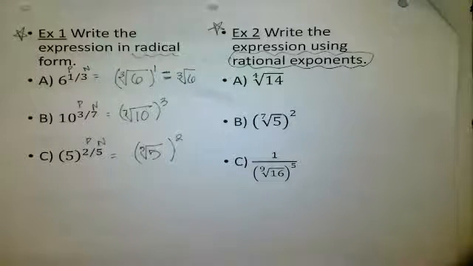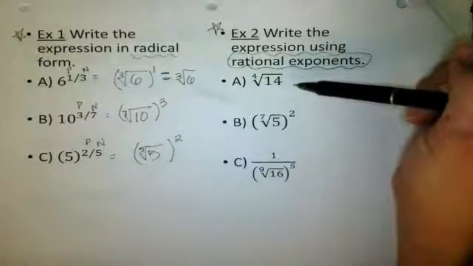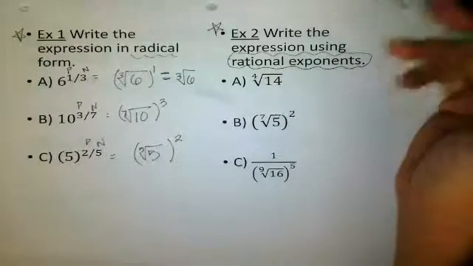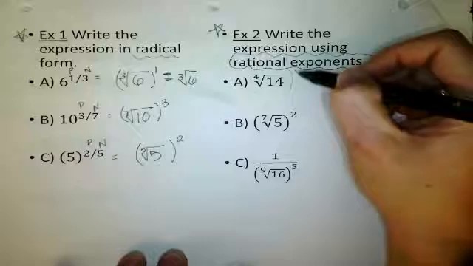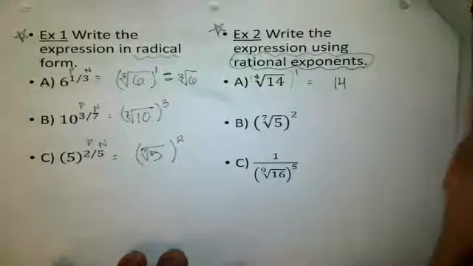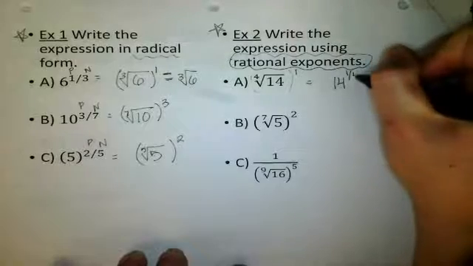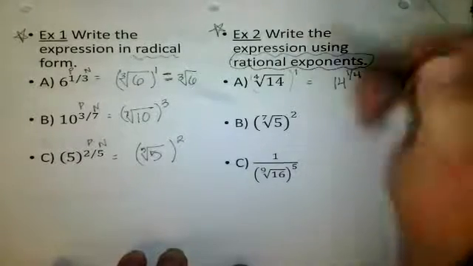Write the expression using rational exponents. So on the first one here, what's the power? 1. Very good. So there is a little imaginary power of 1 there. So our base is 14. So how do we write the exponent? 1 over 4. Power over index.